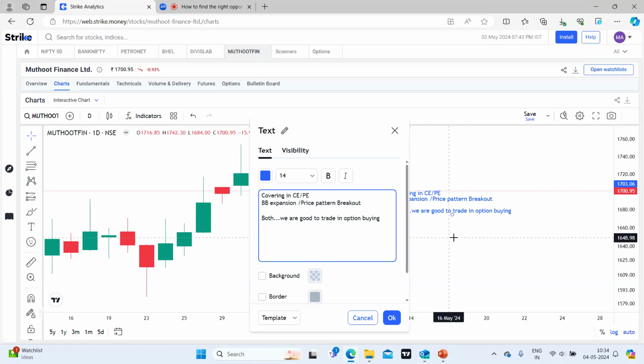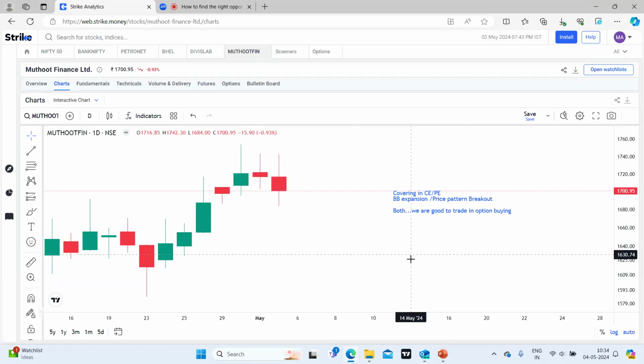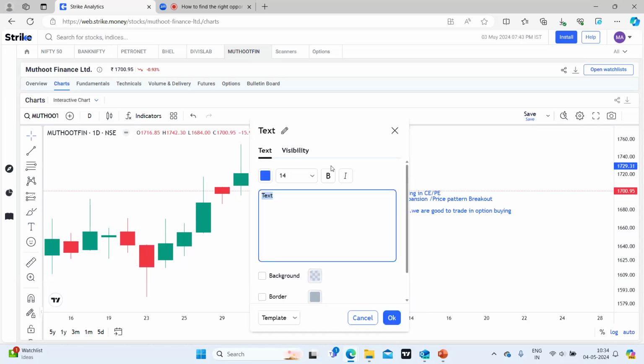Now from this setup, you can do it two ways, right?